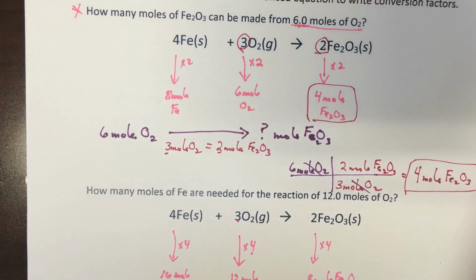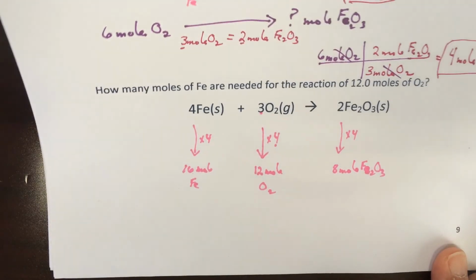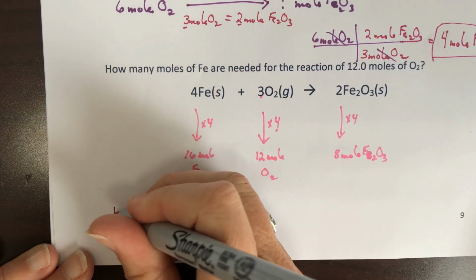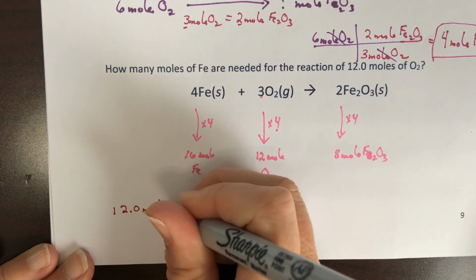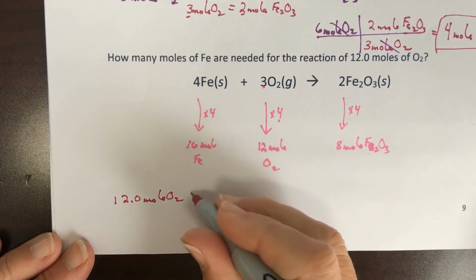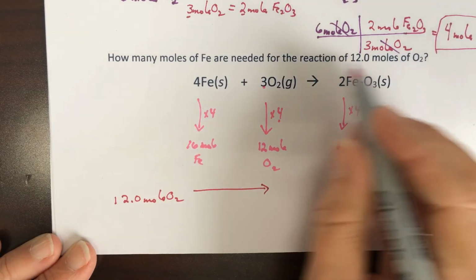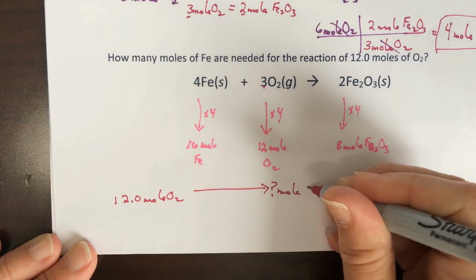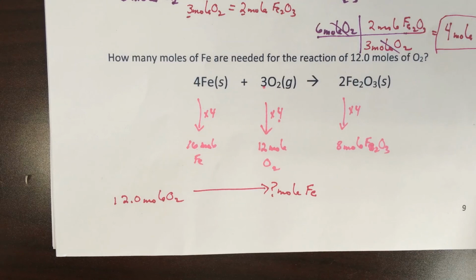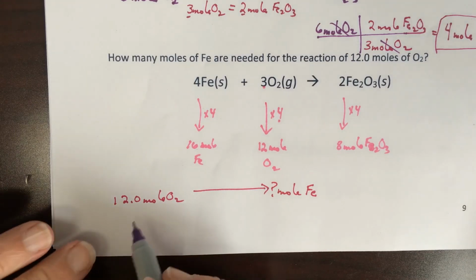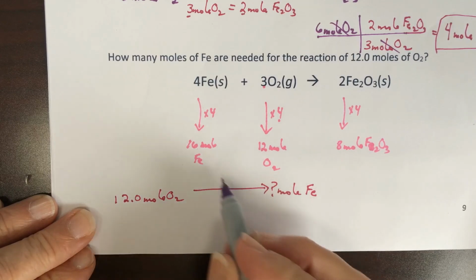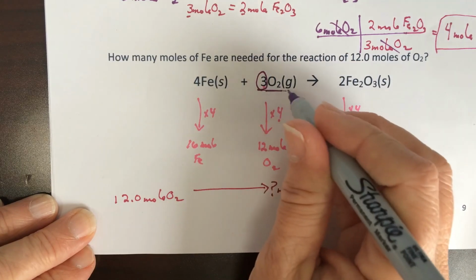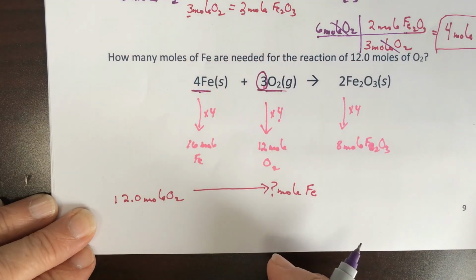So let's try it on the next one. We're starting with 12 moles of O2. We're converting that into moles of iron. We need to know how moles of O2 relate to moles of iron. We can use our balanced equation. We've got 3 oxygens combined with 4 irons.